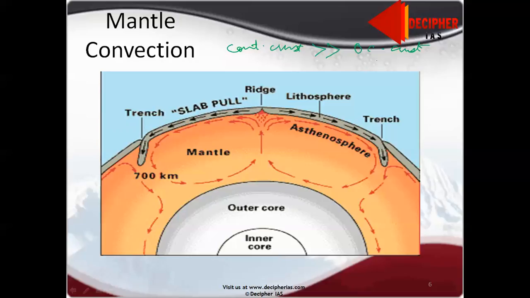Oceanic crust is of the order of 200 to 300 million years old, but continental crust is of the order of 2 to 3 billion years old. Why it is so, we will discuss now. In the Atlantic Ocean we find MORs, mid-oceanic ridges.